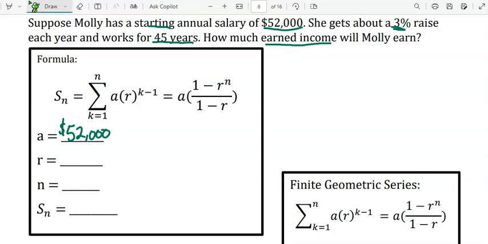R is going to be the raise plus 100%. This could be 1.03. And then N is the number of years, 45. To get the total earned income, S of N, we plug it into this formula.